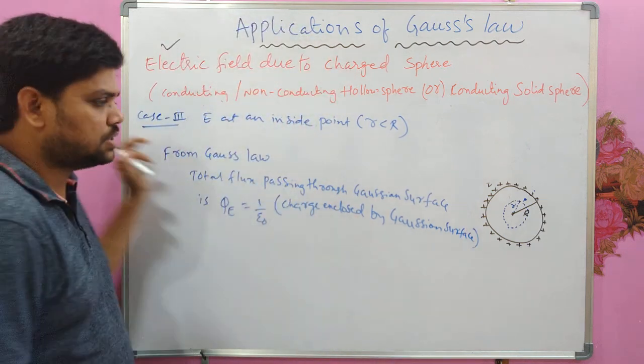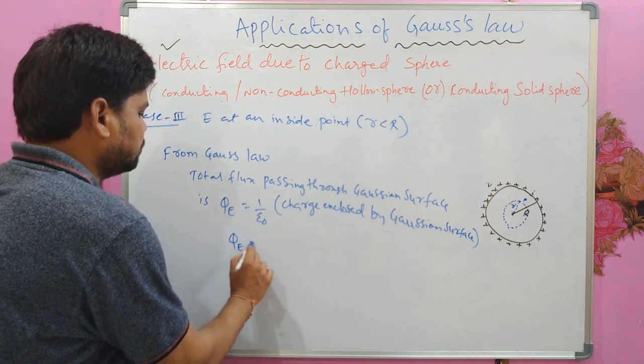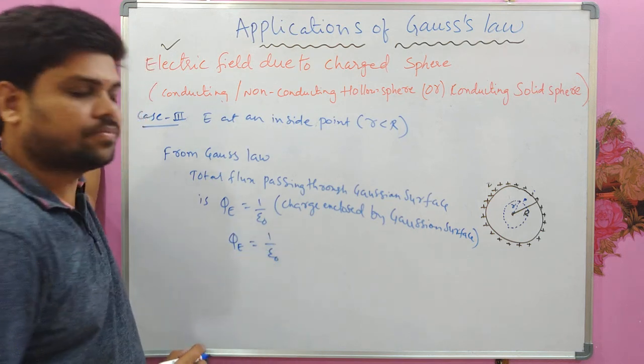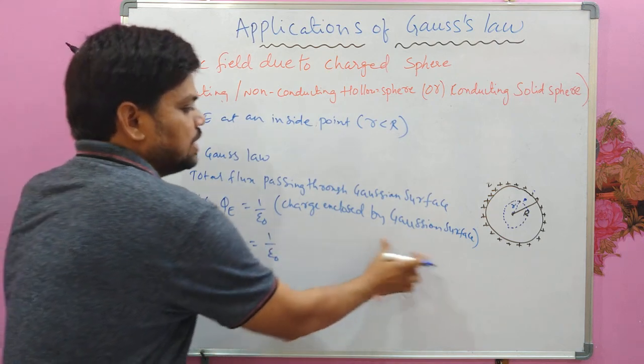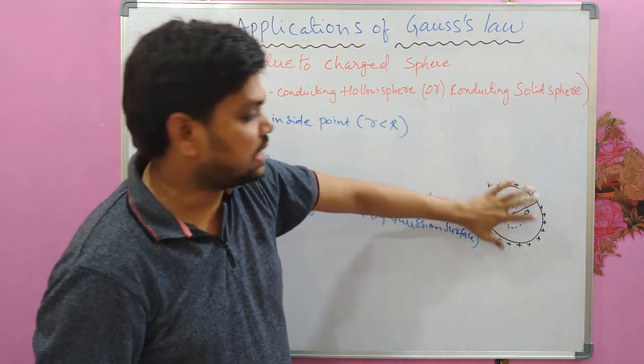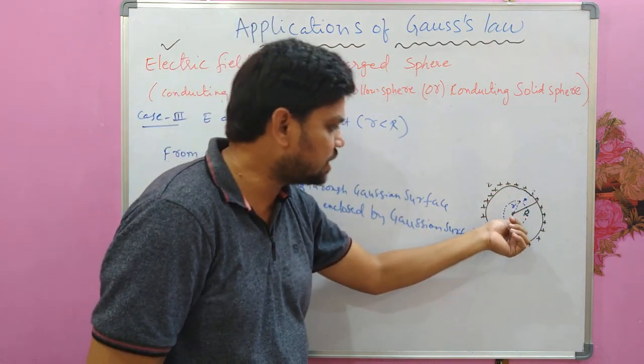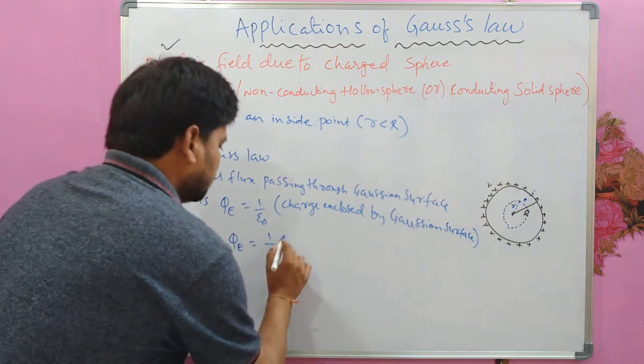What is charge enclosed by Gaussian surface? This is the Gaussian surface, and the charge is outside. There is no charge enclosed by the Gaussian surface. This is 0.